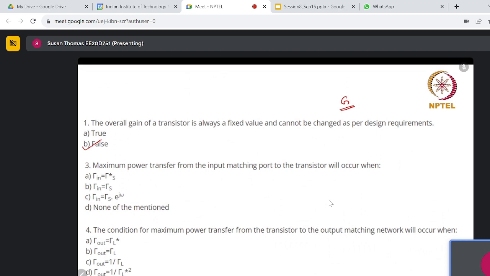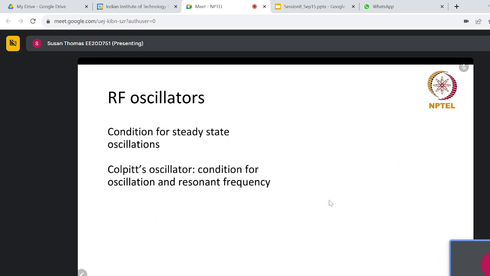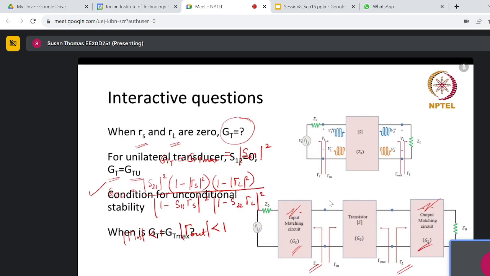Overall gain, so that parameter is very important. Madam, once again repeat the concept. Why is overall gain not fixed? I told you this is the transistor. So transistor gain is G naught. Now you have an input matching network and output matching network. So the overall gain is being controlled by all these three, GS, G naught and GL.